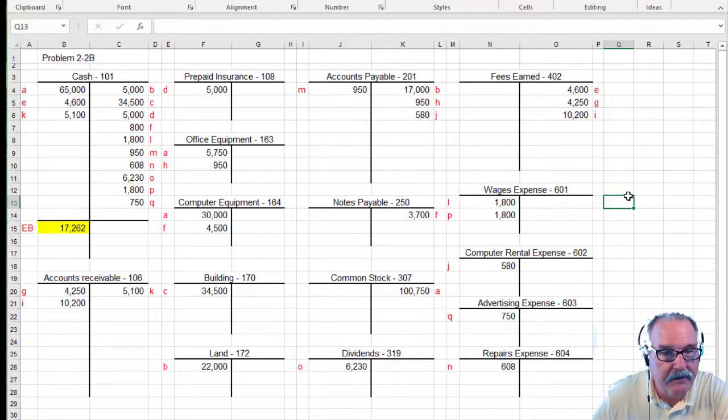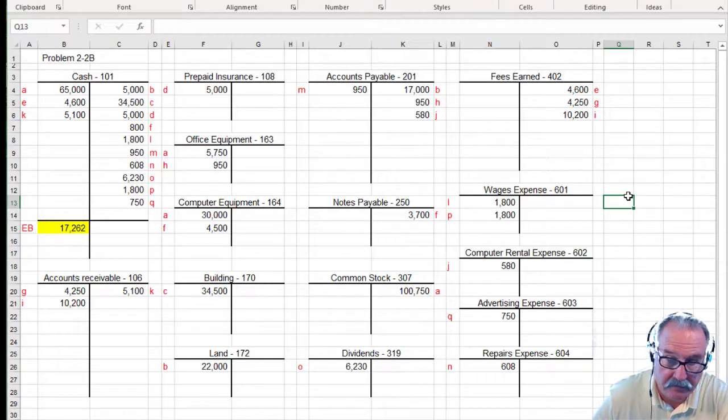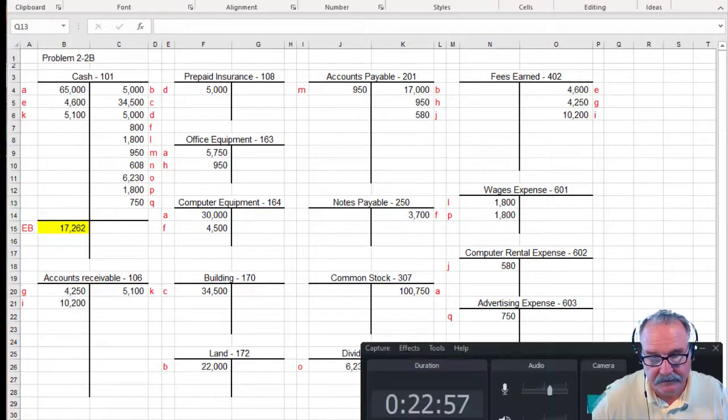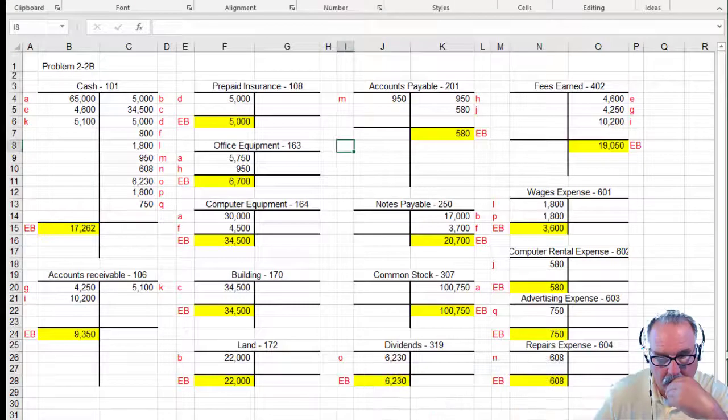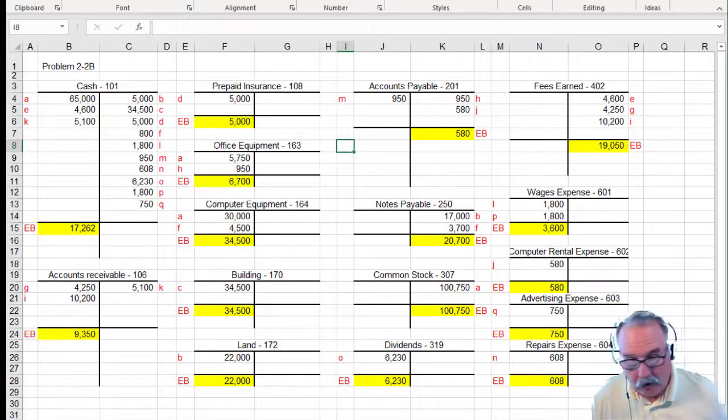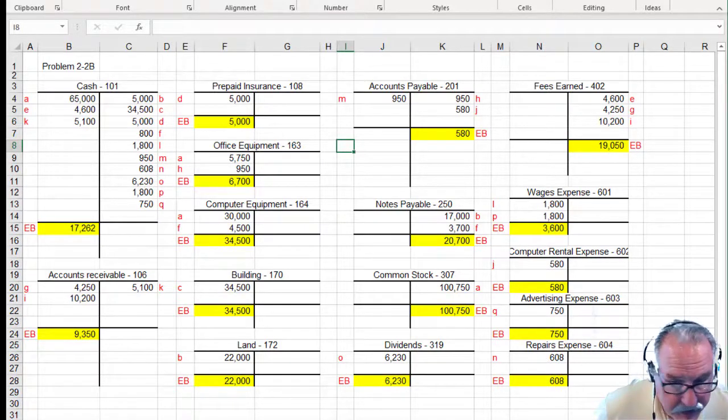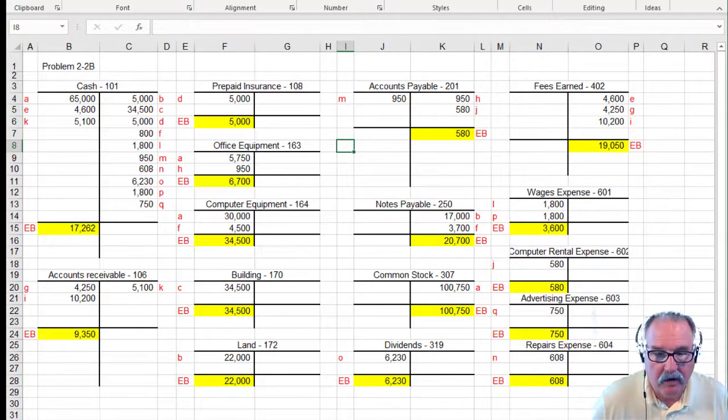Okay, so stop the video or pause it and then balance out all the accounts, and I'll be right back with the answers. Stay tuned. Okay, so through the magic of video, here are the ending balances in the accounts.